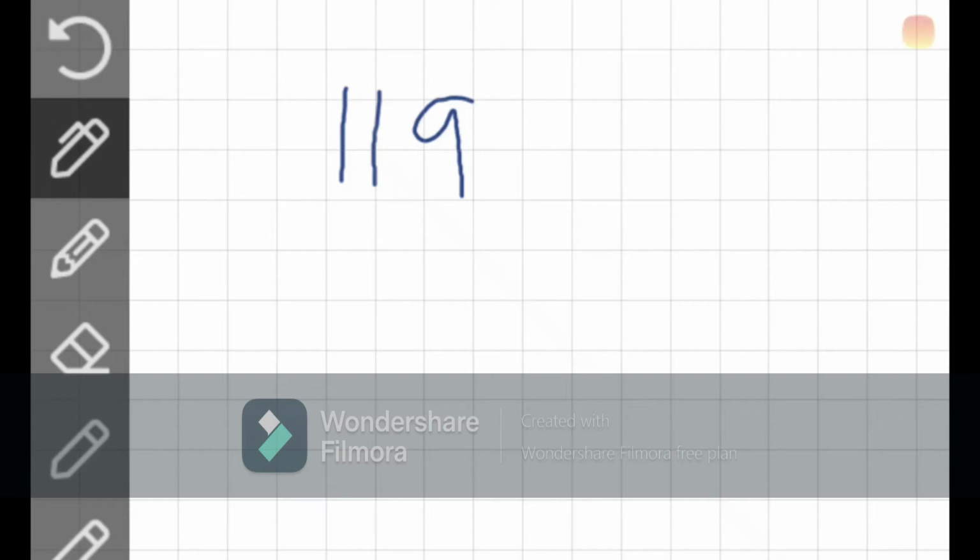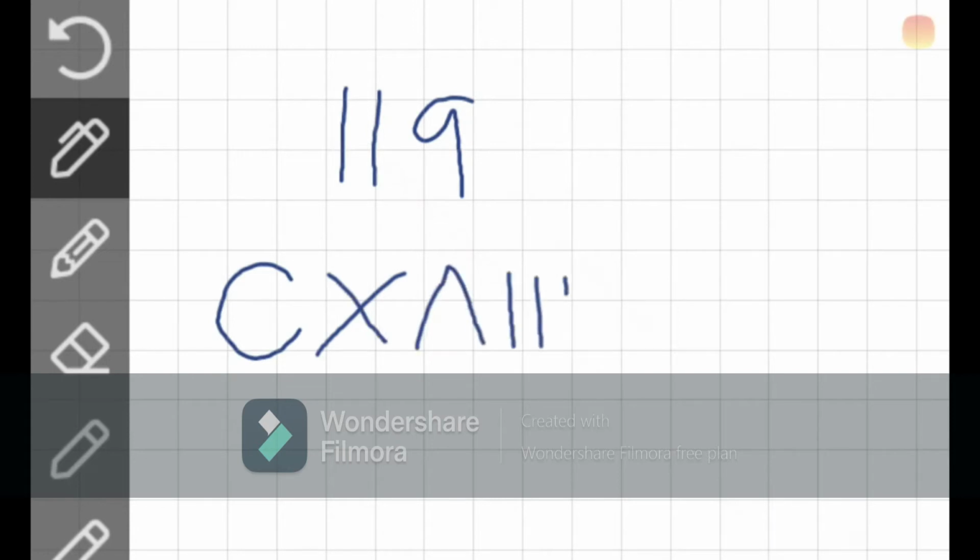At this time, we may use the capital letter C. 100, 110, 115, 116, 117, 118, 119. So that's it. That is how to write 119 in Etruscan numbers. You need one symbol for 100, one symbol for 10, one symbol for 5, and four symbols for 1, making it 119.